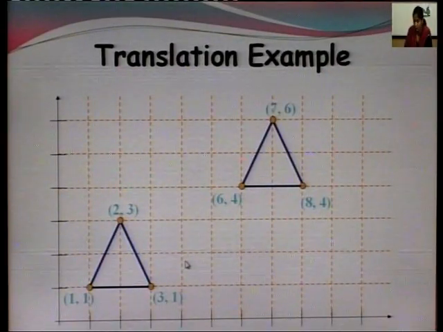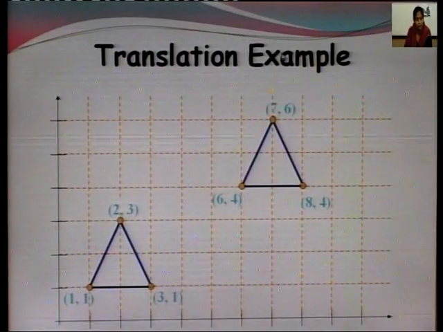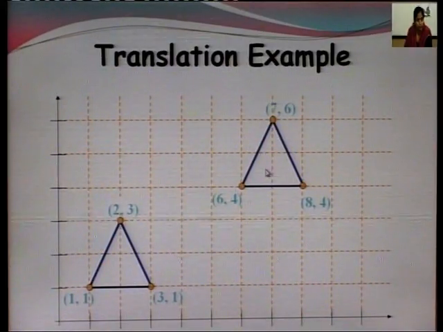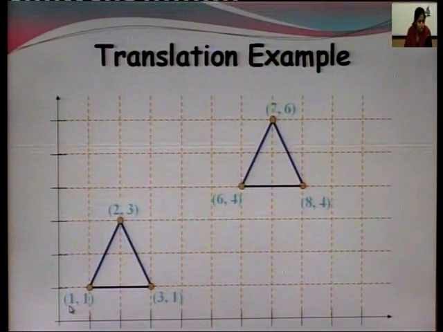This is an example of translation. The triangle has the vertex coordinates (1, 1), (3, 1), (2, 3), and we want to translate this triangle to new coordinates. If we know where we want to reposition the first vertex, and this new vertex position is (6, 4), what is the translation distance?